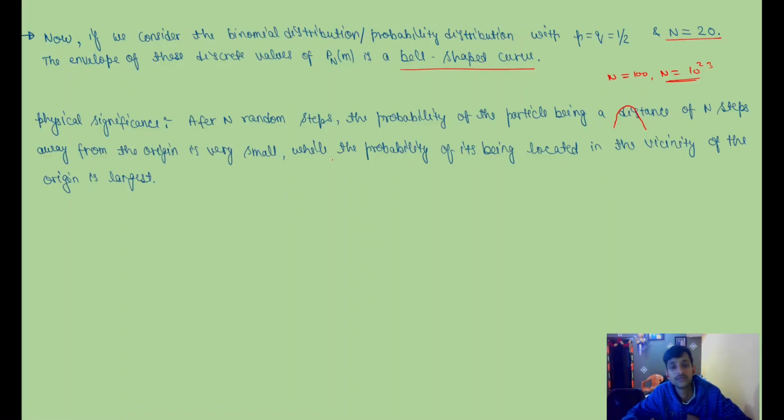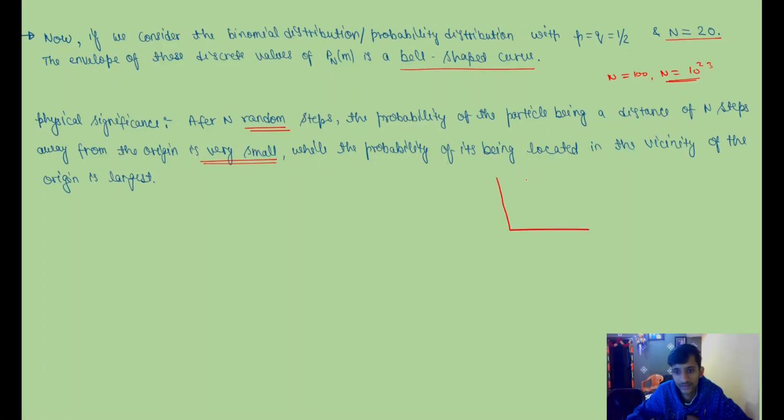So now what is the physical significance of this thing? The physical significance is that after n random steps, so basically this is also known as a random walk, because the drunk man doesn't know whether he's taking the step to the right or left. So the probability of the particle being at a distance n steps away from the origin is very small, as you can see here.